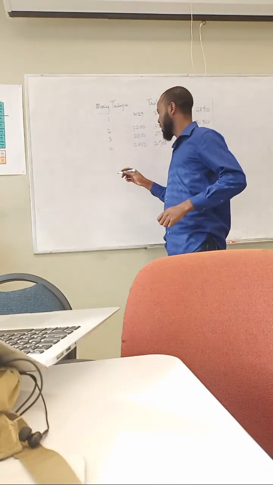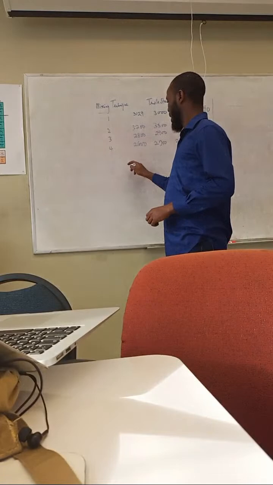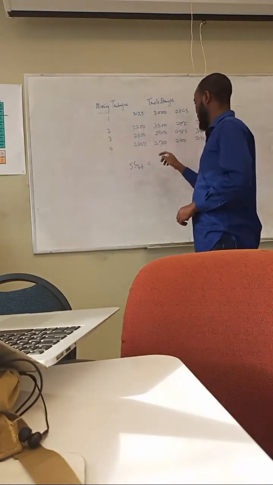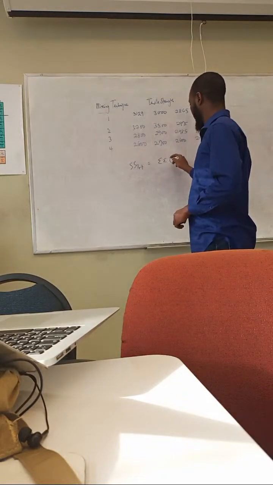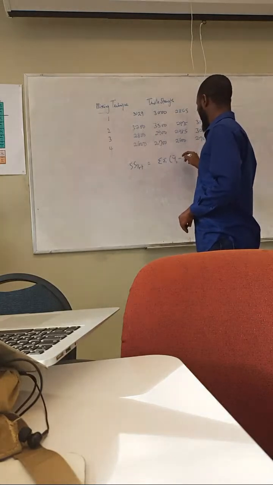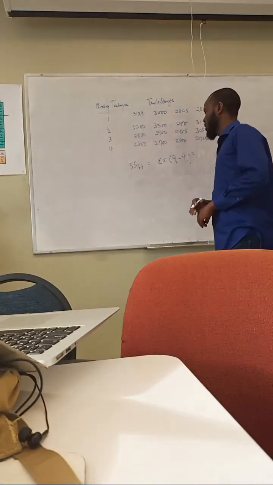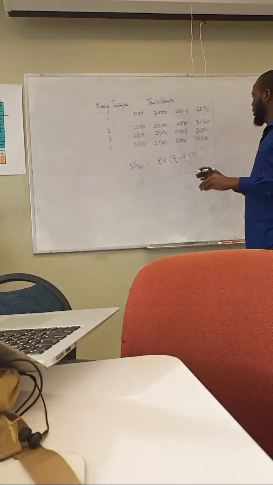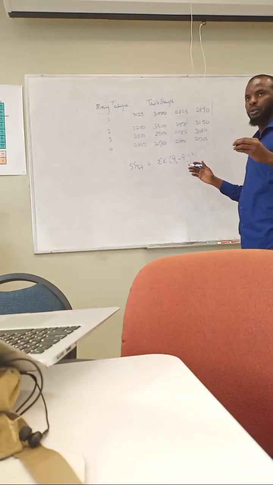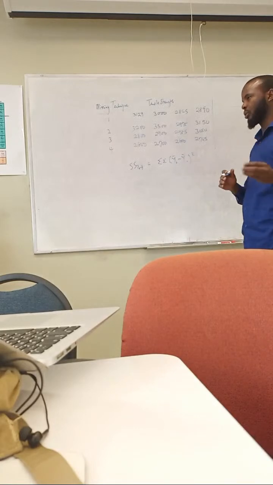The initial formula she gave us for the SS treatment is the double summation of y_i dot minus y bar dot, squared. This is going to take a very long time to do, not for the first question, but for some of the questions we've done.